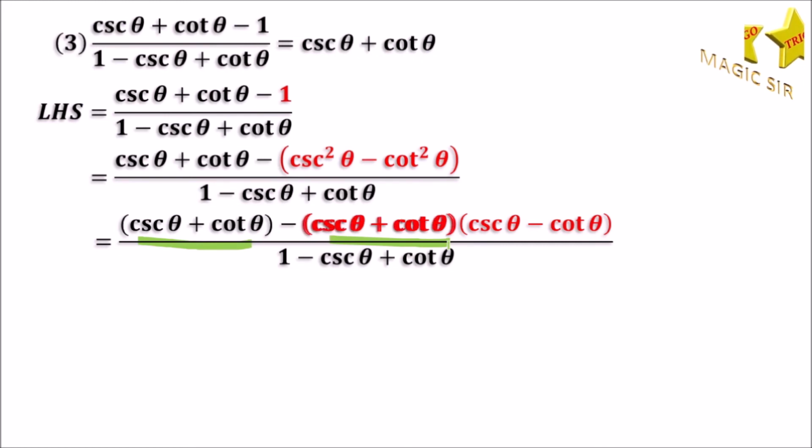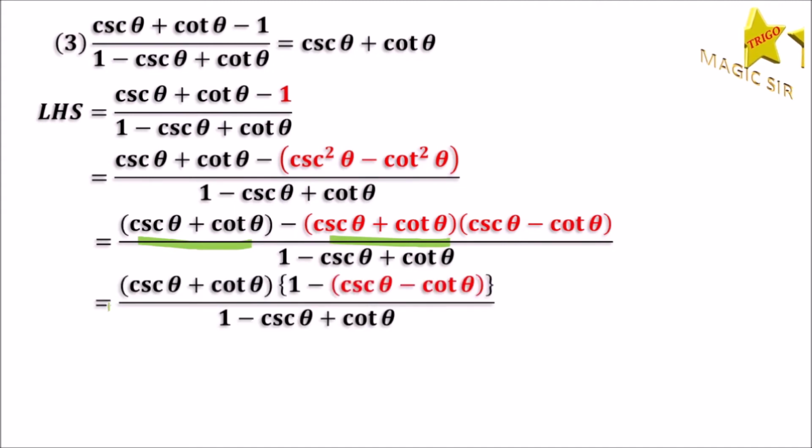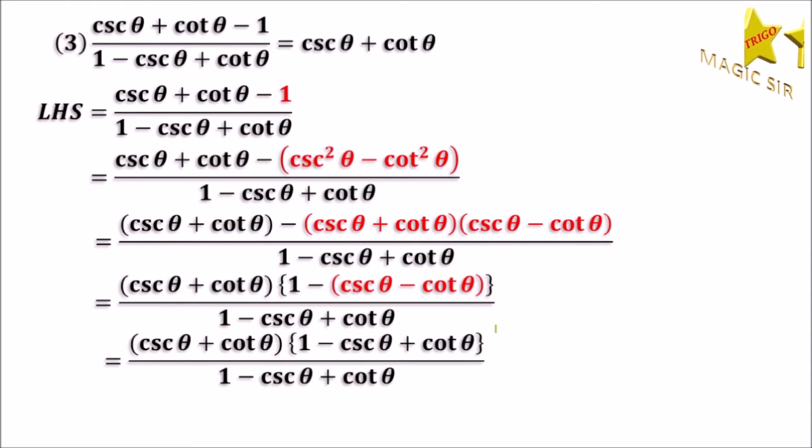So taking cosec theta plus cot theta common, we get left hand side is equal to cosec theta plus cot theta into second bracket 1 minus, from the second bracket, cosec theta minus cot theta, whole upon 1 minus cosec theta plus cot theta.